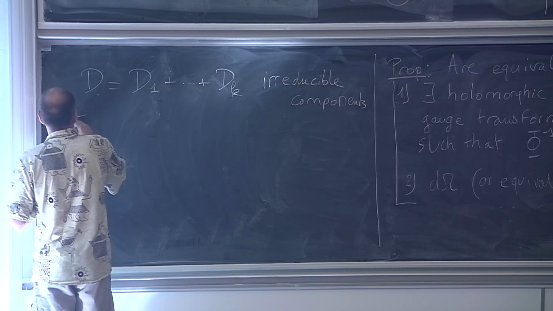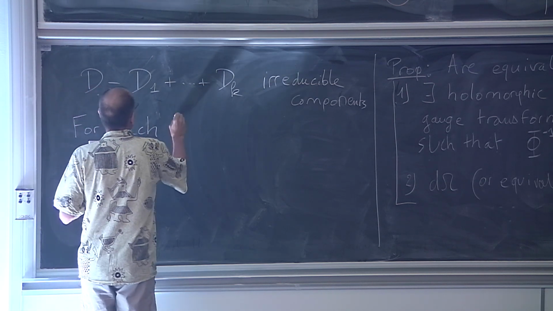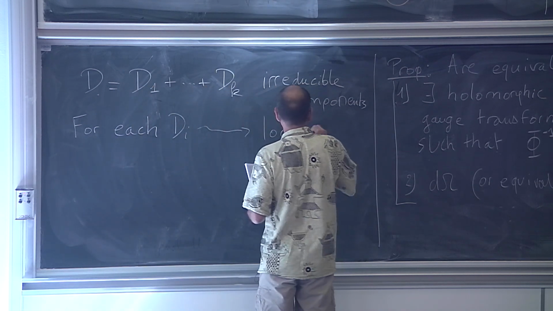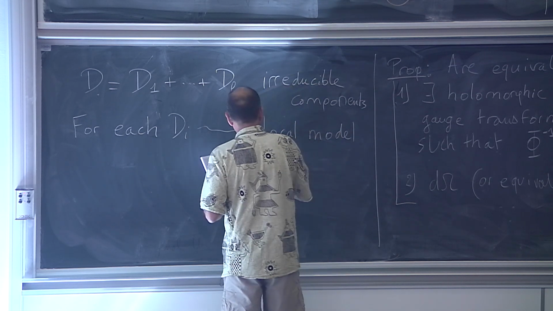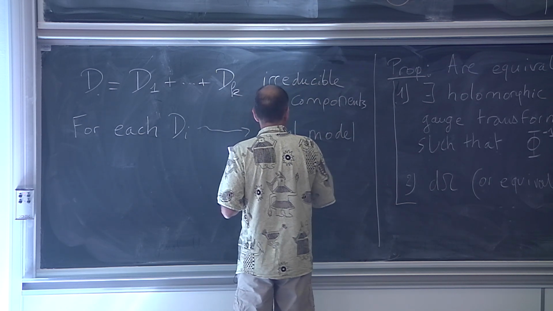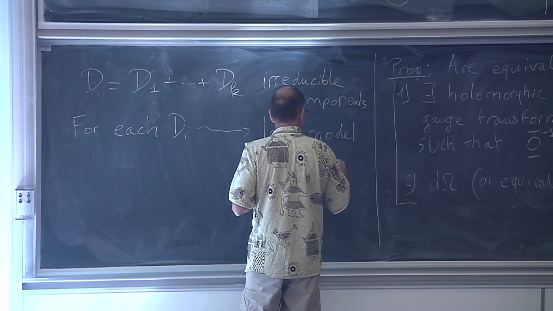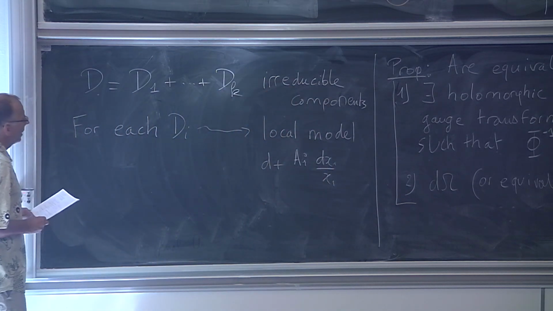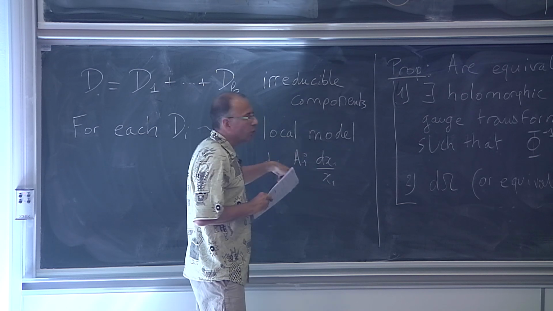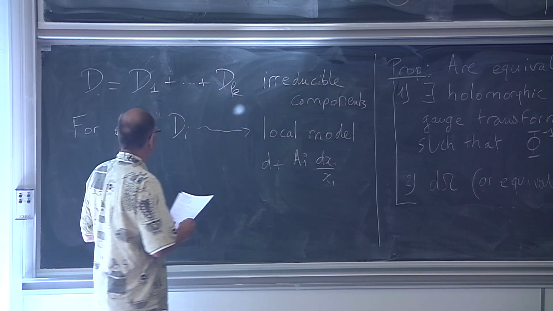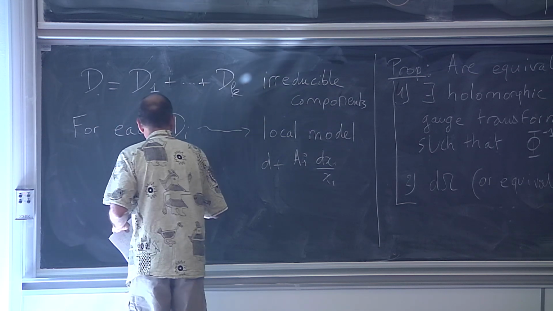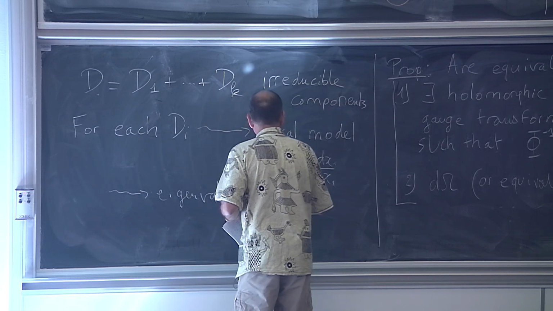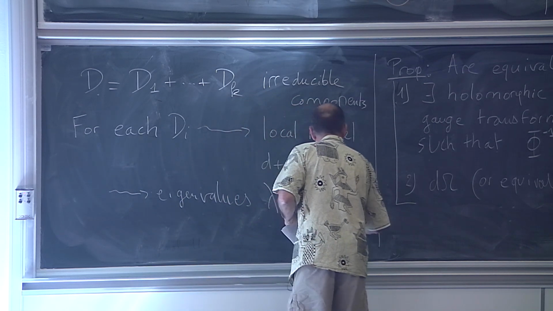For each Di, there is a local model d plus Ai dx1 over x1, which is well defined up to conjugacy. So you have eigenvalues, in particular eigenvalues lambda i1, ..., lambda ir.